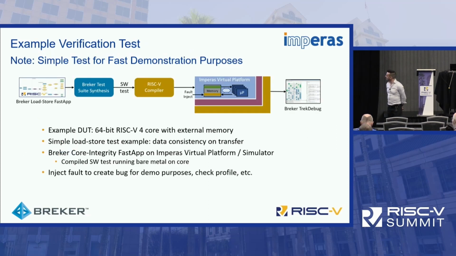This is one of the collaborations and what we've done, where we actually taken a test from the fast apps and we compile it down to a RISC-V compiler, and we actually produced it, played it in the Imperas virtual prototyping. Now, the Imperas virtual platform has error injection capabilities.